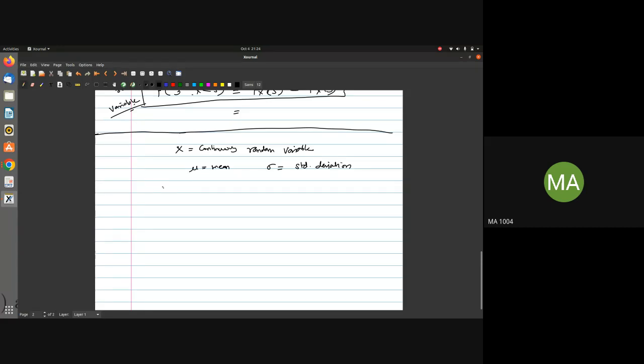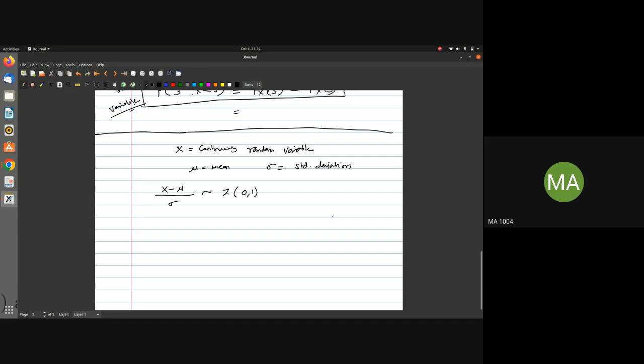You just have to subtract the mean from that random variable, and you have to divide it by the standard deviation. When you do this, it will convert into what? Normal. Or maybe I can say standard normal, right? This is what standardization is.